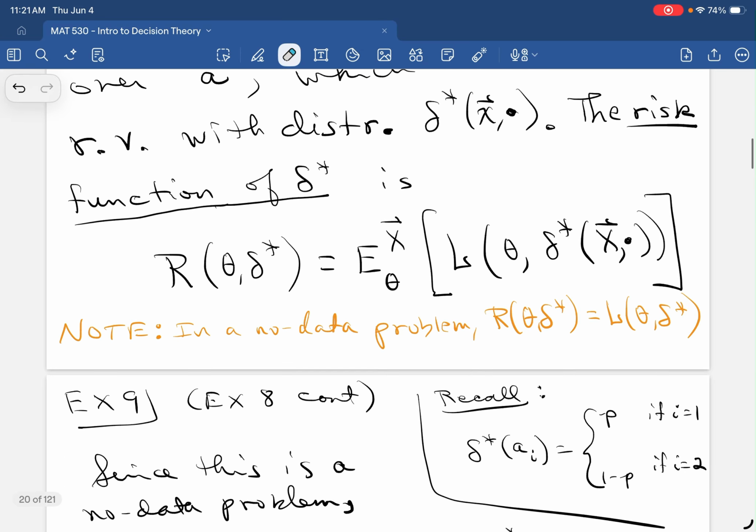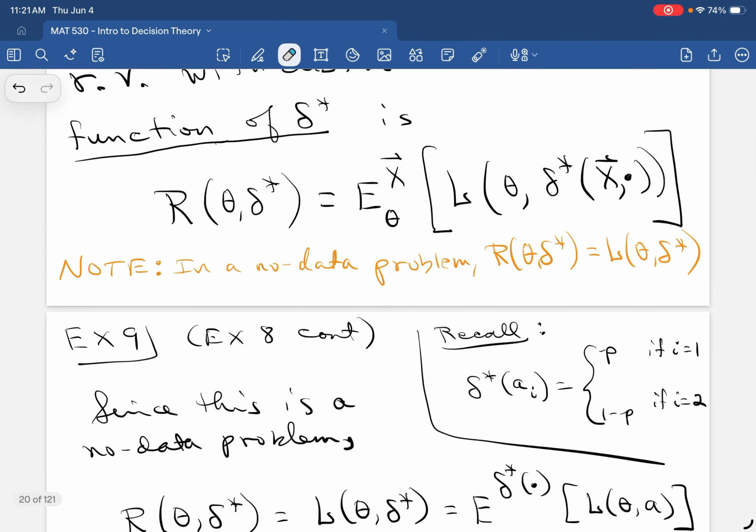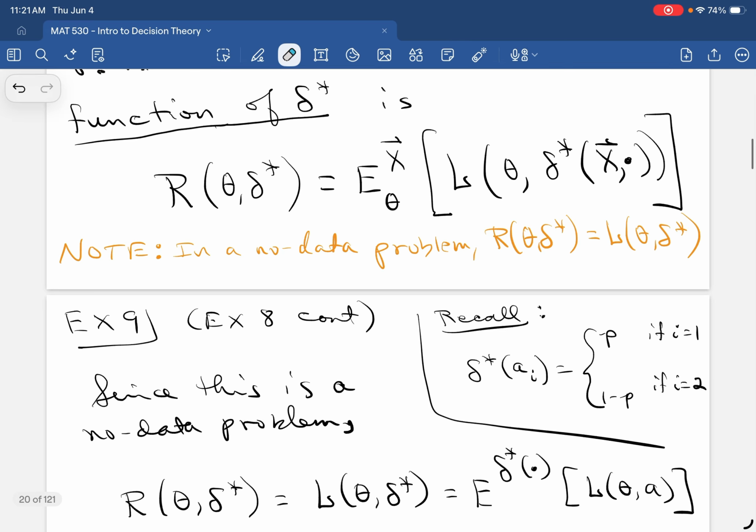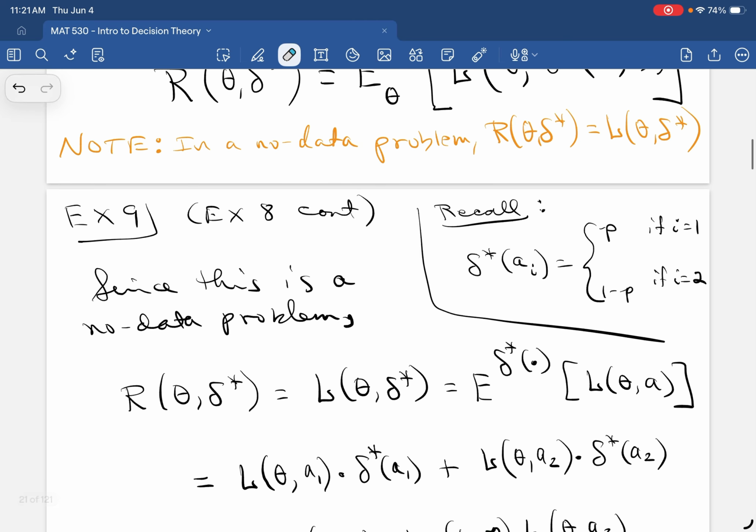All right, so let's apply this to our example. We'll continue with example 8, where you and your opponent are playing the game. Let's calculate the risk using the randomized decision rule that we chose. Since this is a no data problem, remember that the risk and the loss are the same.